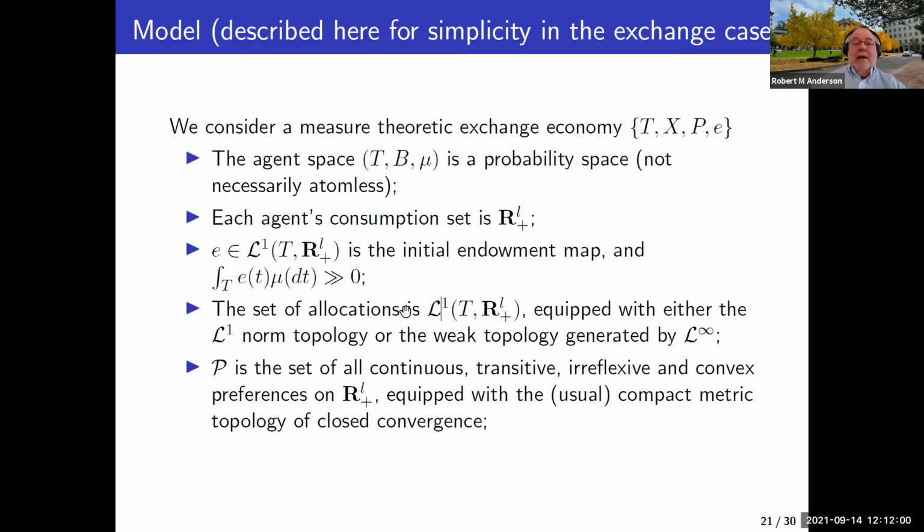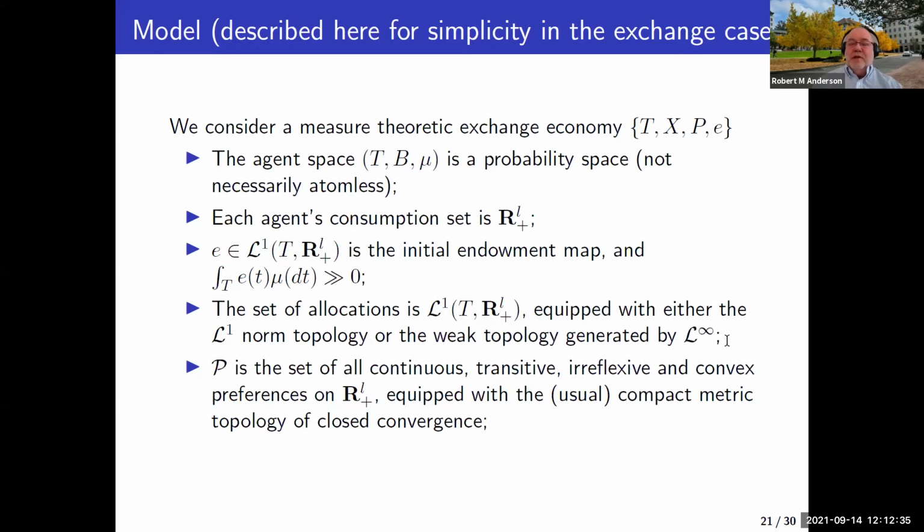Okay, and the set of allocations is the set of integrable mappings from T into the commodity space. And it can be equipped with either the L1 norm topology or the weak topology generated by L infinity. So this relates to the last slide. In order to get an equilibrium back in the measure theory model we started with, we want to assume its set of allocations is equipped with the weak topology.